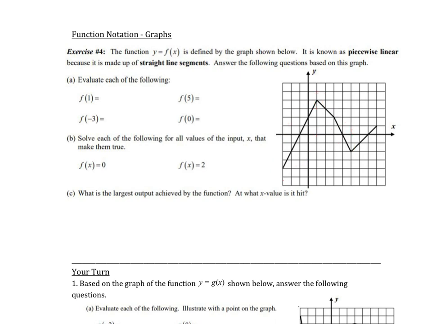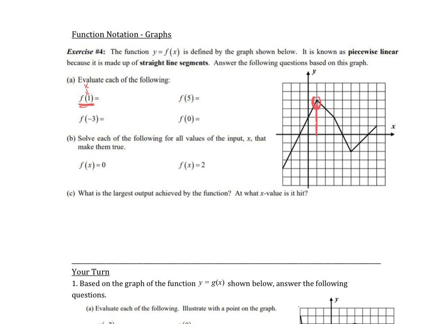Okay, so let's talk more about part A. So we're trying to find f of 1. So that's what's asking us to find here, f of 1. Remember back to what that means. That means our input value, our x value, is 1. So I want to look on the graph. Our x value of 1, right, x is 1, going to be right here on the graph.